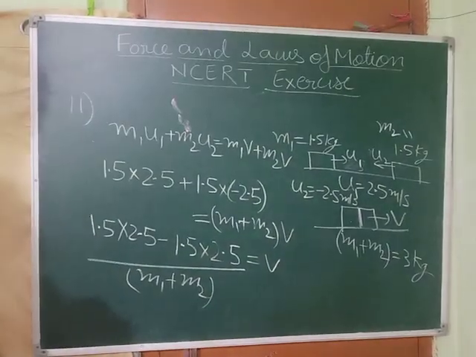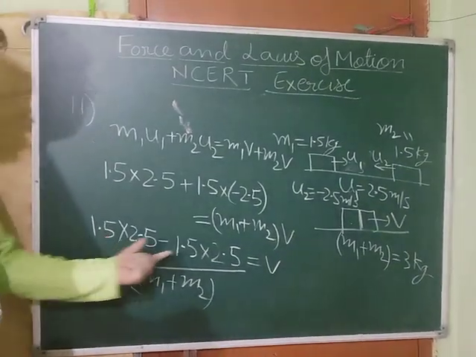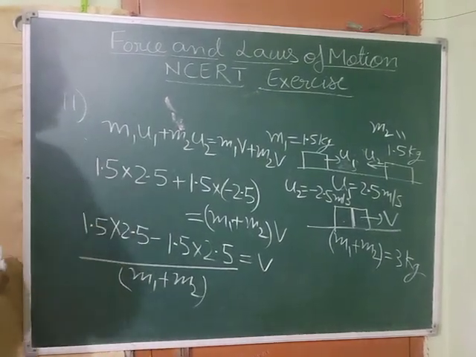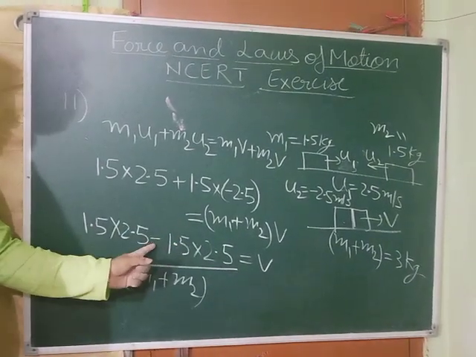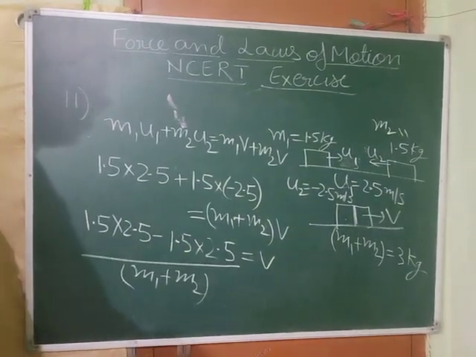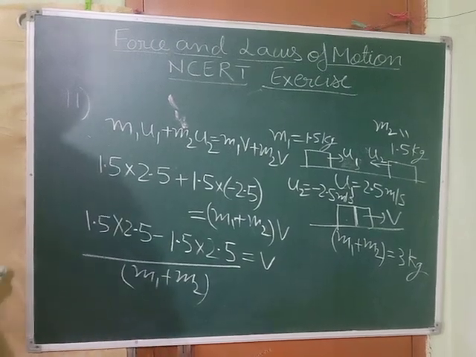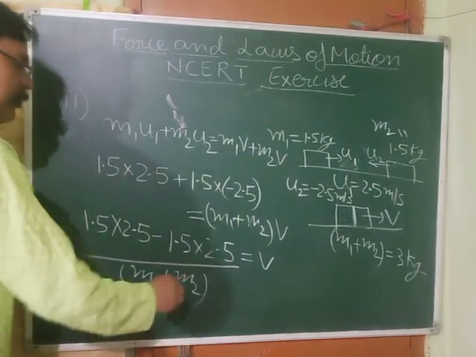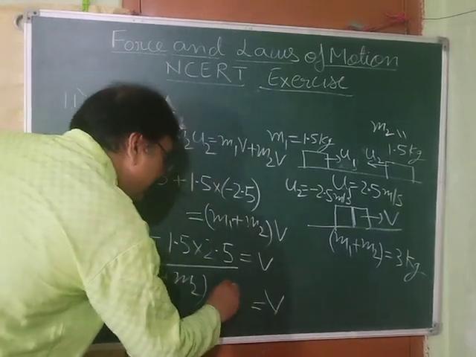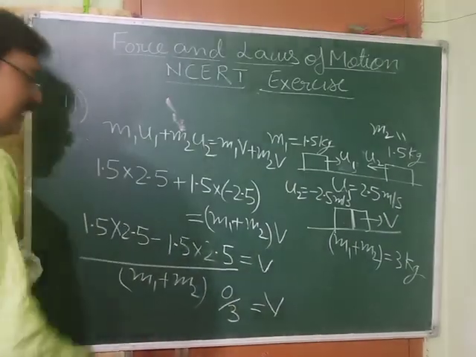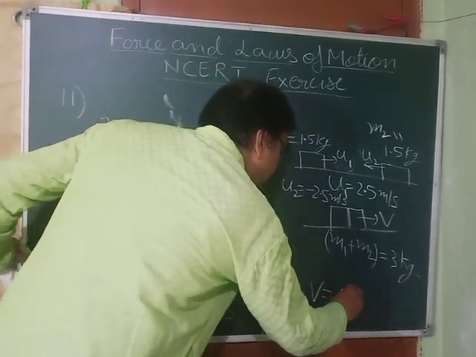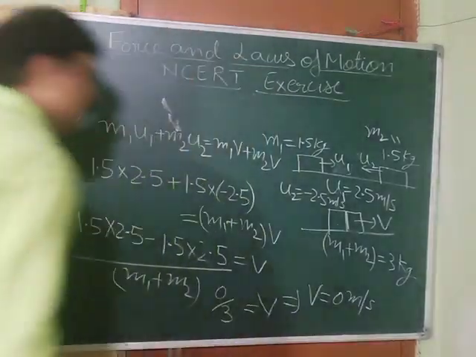Now tell me, is this equal to this? So when this is equal to this, in between a negative sign is there. Same thing minus same thing is what? It is 0. So we will get, whatever the value of m1 plus m2, it doesn't matter, v is equal to 0 by 3 kg. And 0 by 3 kg will give us v equal to 0 meter per second.